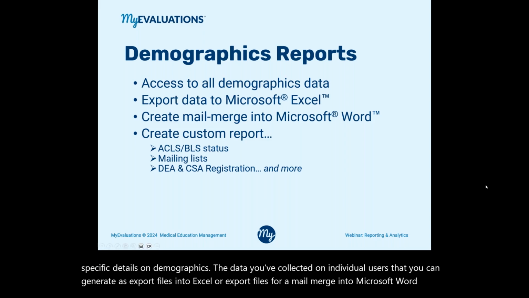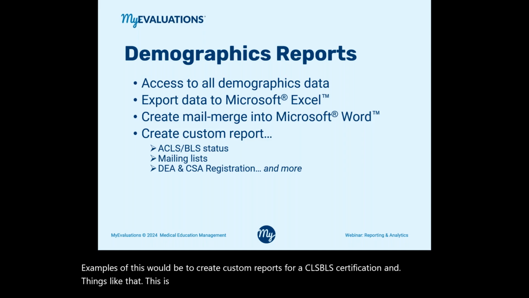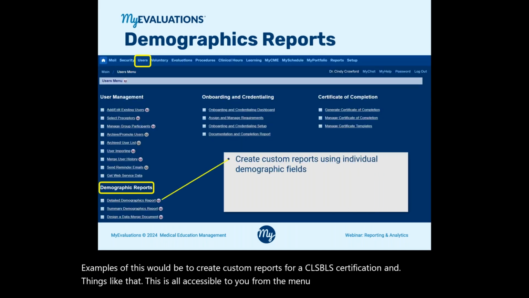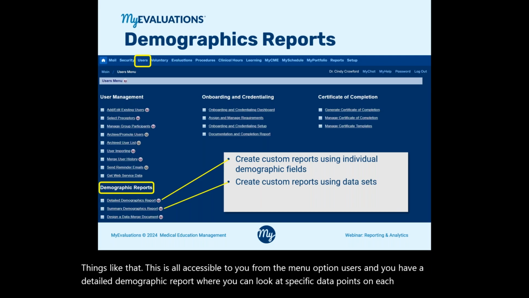Examples of this would be to create custom reports for ACLS, BLS certification and things like that. This is all accessible to you from the menu option users, and you have a detailed demographic report where you can look at specific data points on each individual user.